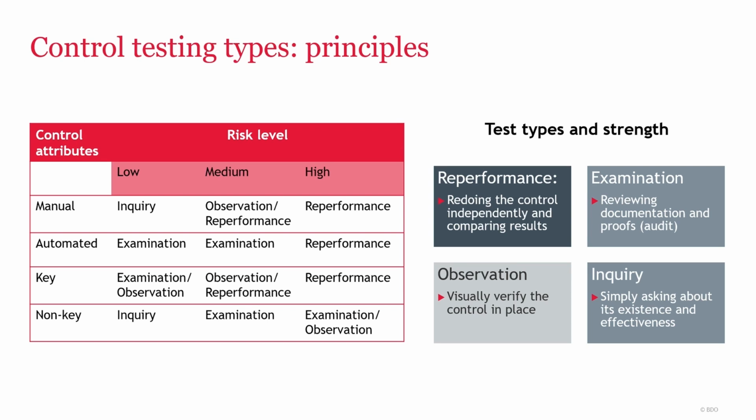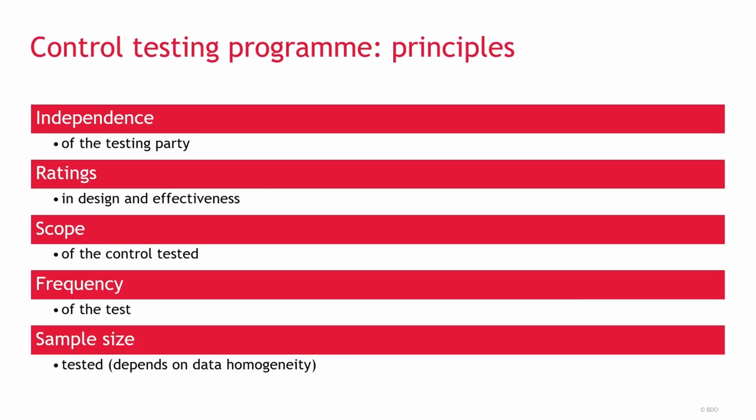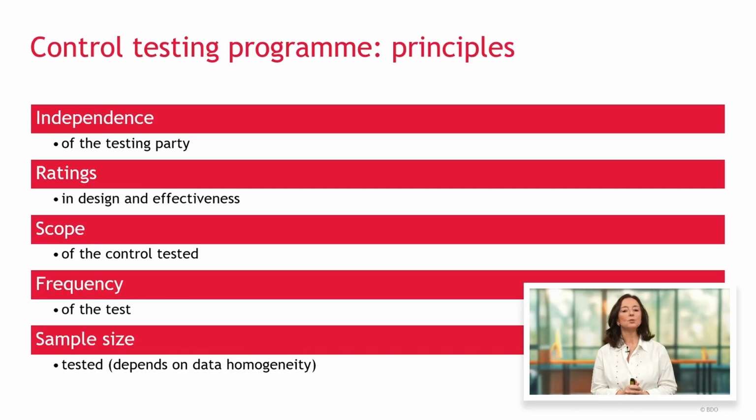And just to finish, I want to take you through some of the principles of a good control testing program. You want the people testing the controls to assess their effectiveness and design to be independent, and that's clearly the role of auditors, but it can also be the role of independent internal control units.